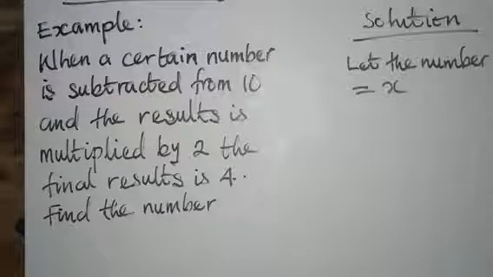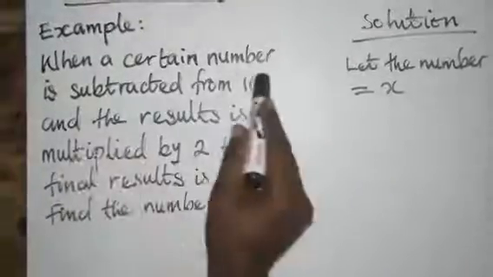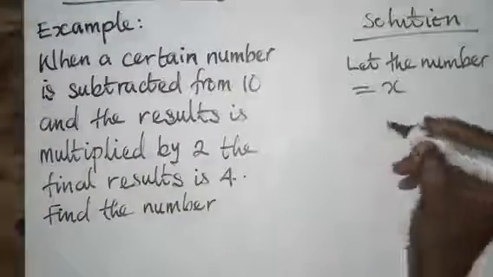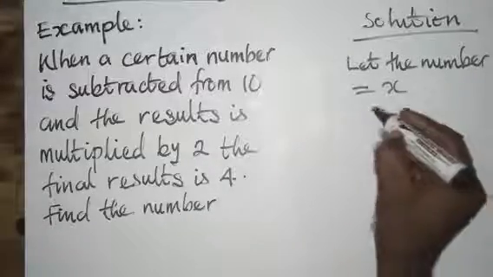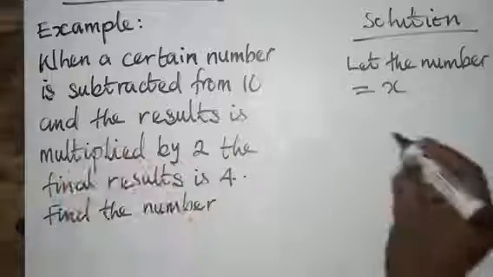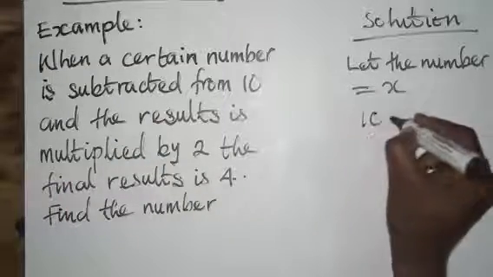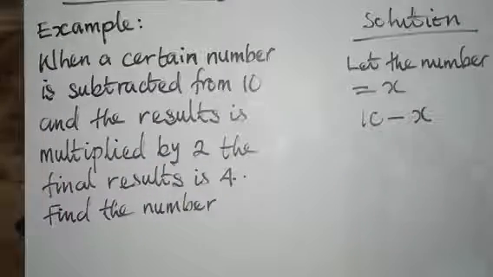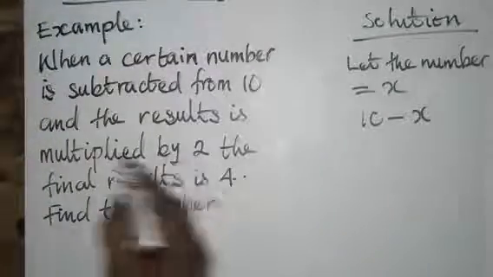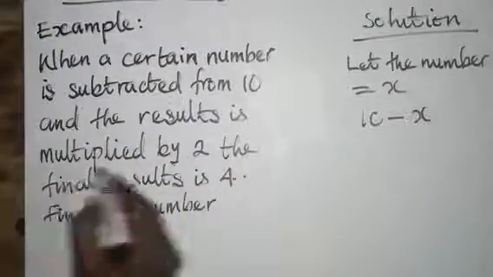So from the information, when a certain number is subtracted from 10, we are subtracting x from 10. Therefore, from the first information given, we have 10 minus x. 10 minus x is a result, and the result is multiplied by 2.